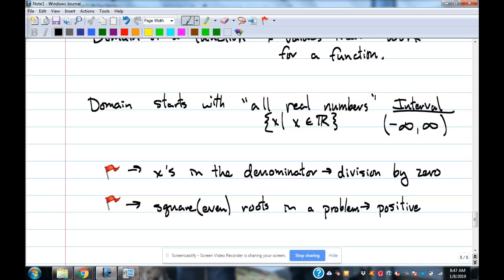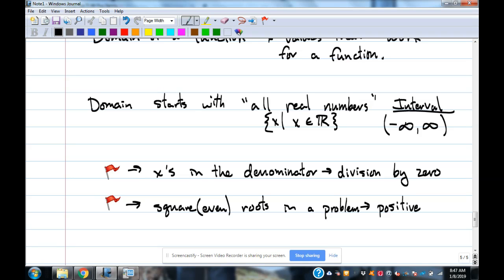Square roots have an index of 2, but you could also have fourth roots and all that. We don't get too much into that in this chapter. Later on, when we start dealing with logs, there are some fourth roots involved. So even roots have the same rule as square roots. Odd roots do not; a cube root doesn't have the same rules as a square root does.